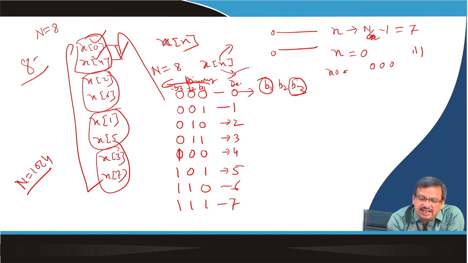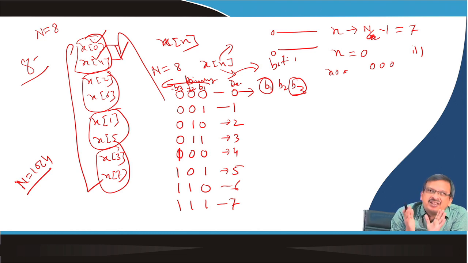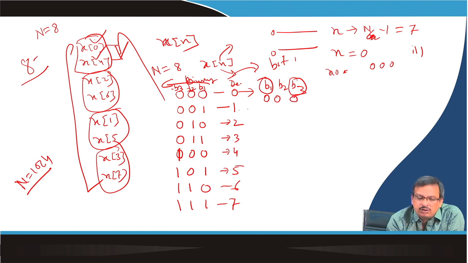So, here I reverse the index representation bits. If I reverse it, what will be there? 0 0 0. Then 0 0 1, LSB becomes MSB, 1 0 0. Then 0 1 0, again LSB becomes MSB, 0 1 0, then 1 1 0.